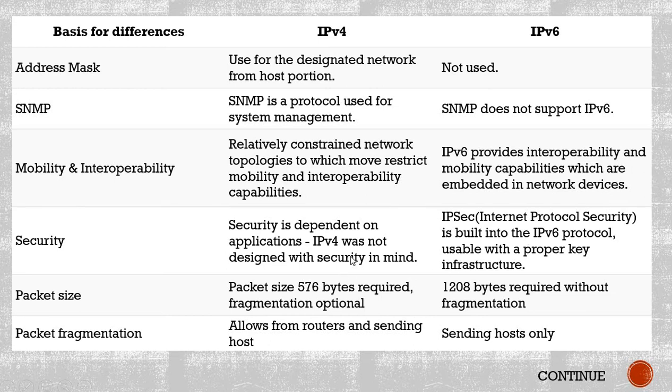If we talk about security, IPv4 was not designed with security in mind, but within IPv6 Internet Protocol security is built into the IPv6 protocol. If we talk about packet size, IPv4 consists of 576 bytes and IPv6 1280 bytes without any fragmentation.